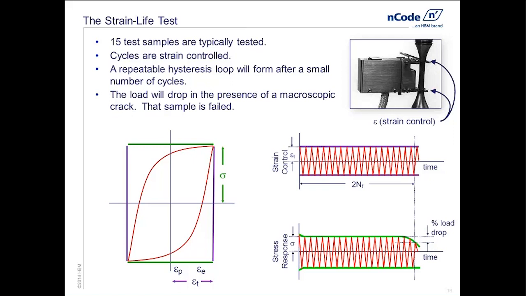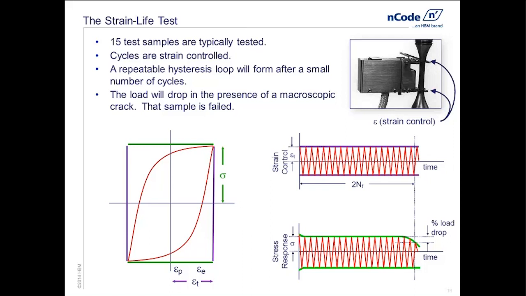However, that behavior varies as we continue to cycle. And after a few dozen cycles, we will transition to what's called a cyclic stress-strain behavior, or stabilized. And so early on, the stress could be lower or higher than we would expect because we're on the monotonic curve.